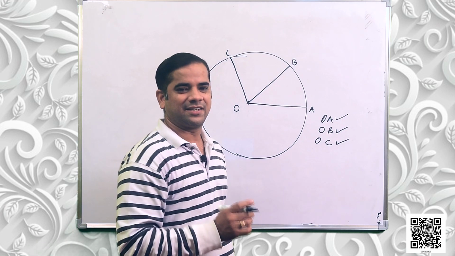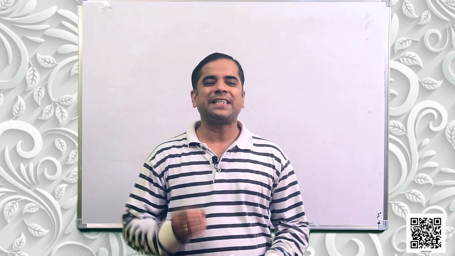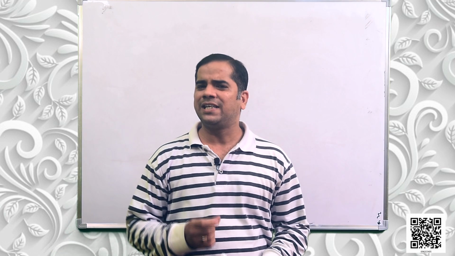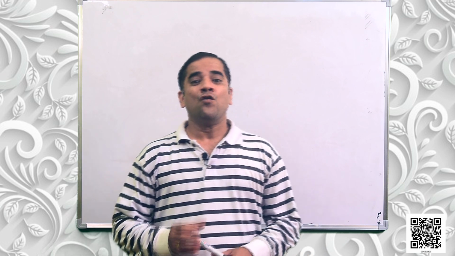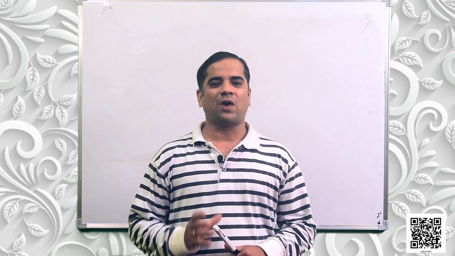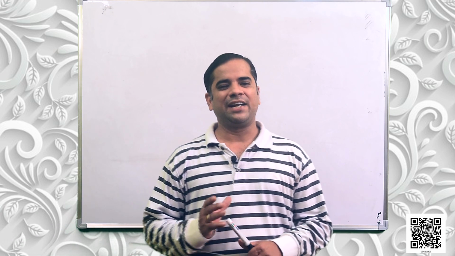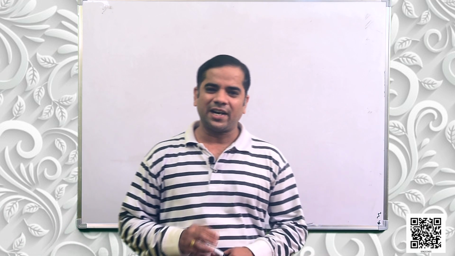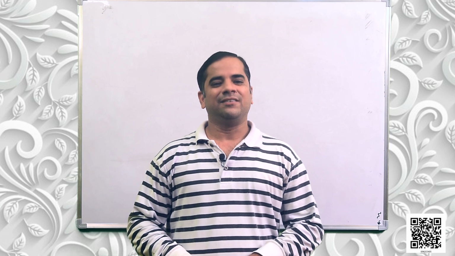Next, square. What is a square? Square is a special kind of quadrilateral. Why is it special? Because a square is having 4 equal sides and the 4 angles of the quadrilateral are all 90 degree. That means we can define a square as a quadrilateral having 4 equal sides and each angle of the quadrilateral should be 90 degree.